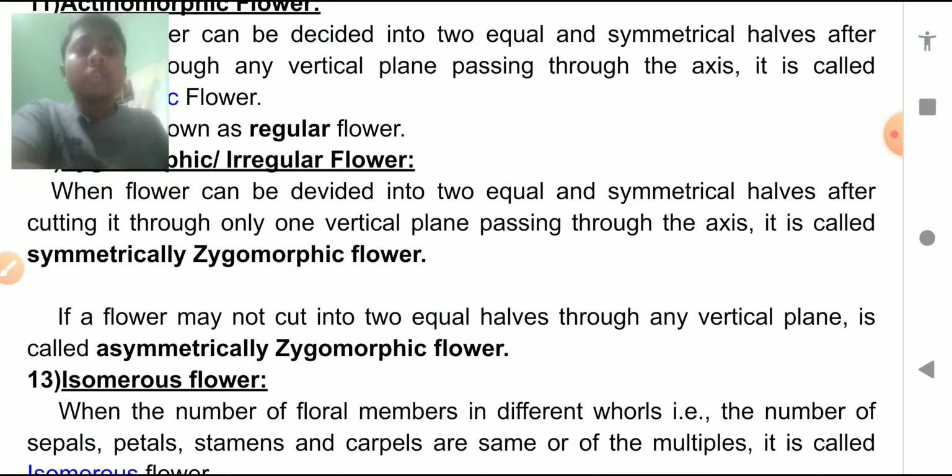The example is Canna indica, family Cannaceae. Canna indica is a red flower, sometimes yellow, sometimes white. If you search it on Google, you can easily understand what Canna indica is. So this is the example of an asymmetrically zygomorphic flower.